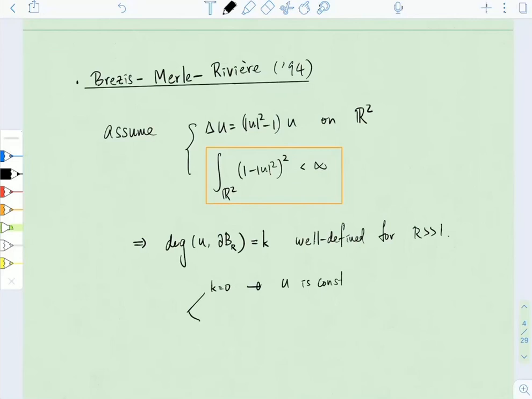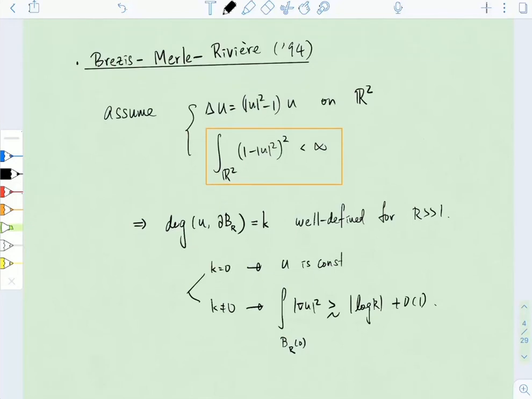If k is not 0, then again, on a disk of radius r centered at the origin, the energy would grow like log of r, and then some lower order term. Okay, so this is telling you that if you want to see something interesting, then you have to allow for some logarithmic energy growth.